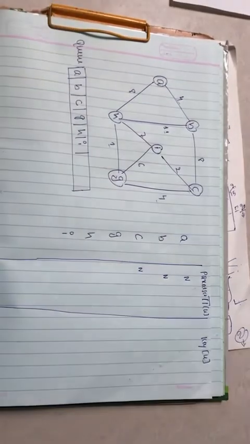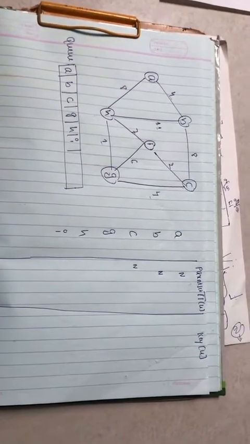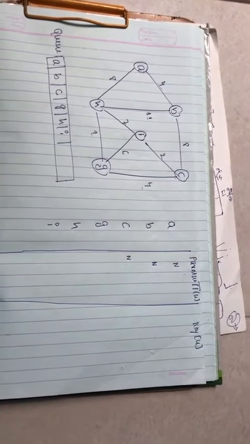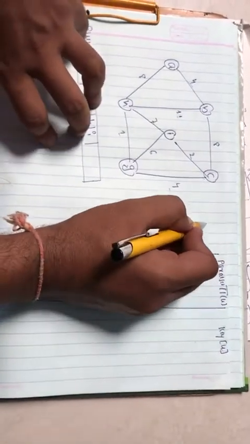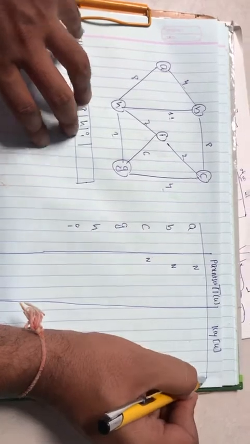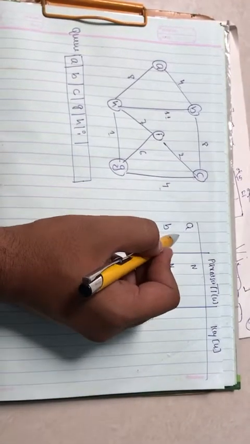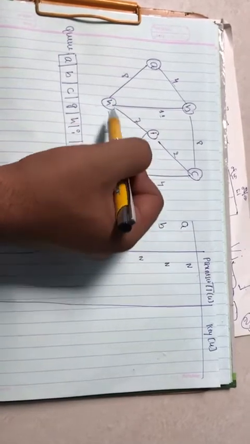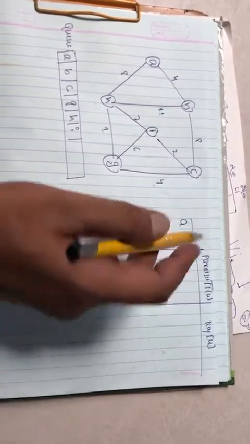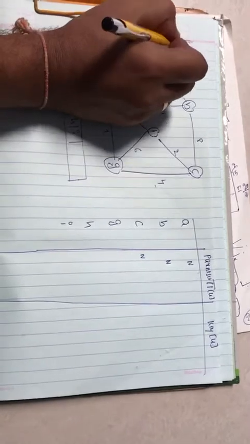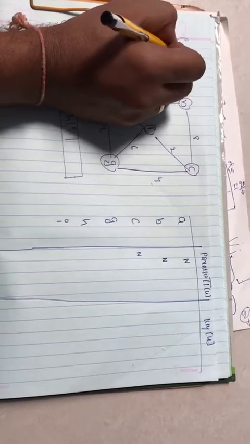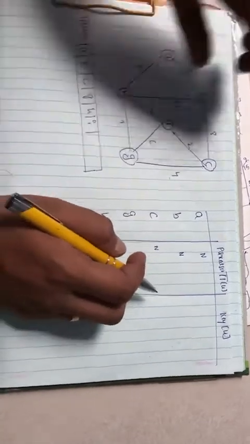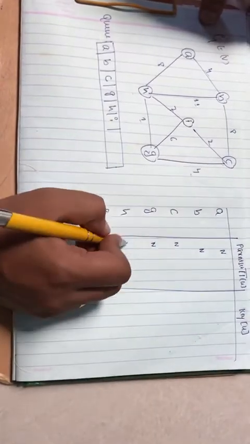Now, how do we solve this problem using Prim's algorithm? We need to set up three important things. One is to arrange all the vertices, like A, B, C, G, H and I, all the vertices belonging to graph G. Next, the parent of each vertex is initially set to null.